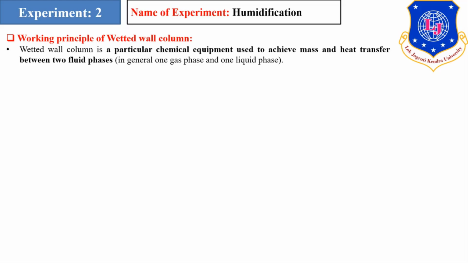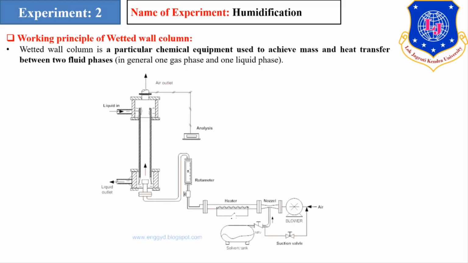Here one fluid will be the gas phase and one will be the liquid phase, and after contacting both of them there will be mass and heat transfer between them. This is how the wetted wall column will actually look.